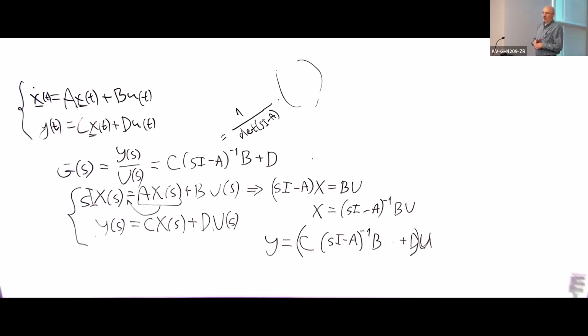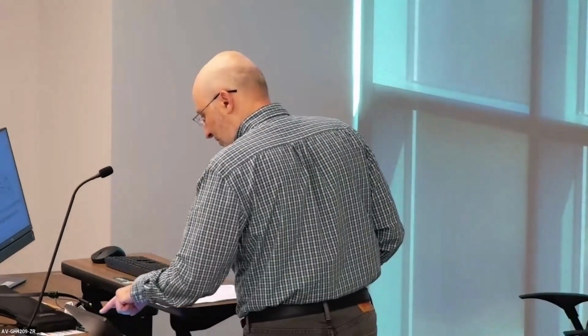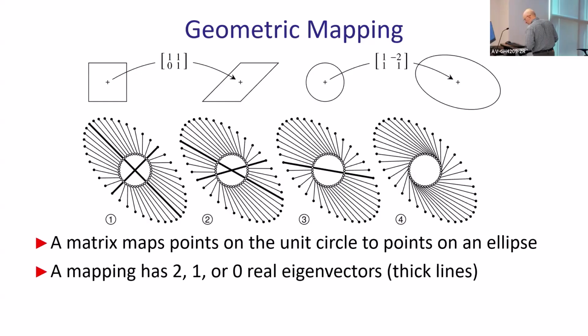Okay, so here is the geometric intuition behind what eigenvalues are doing. This is the geometric intuition on what a mapping is doing to squares and circles.